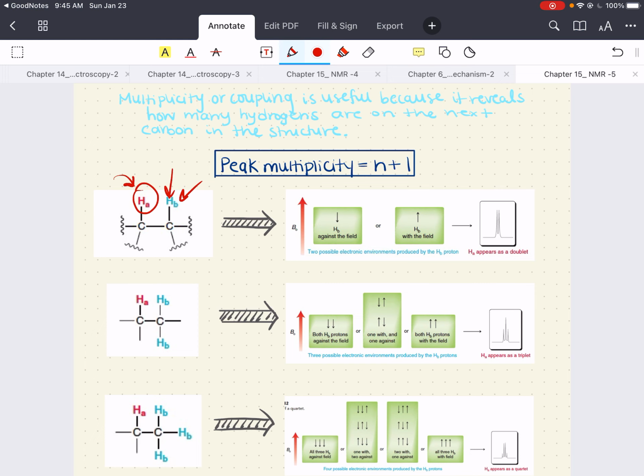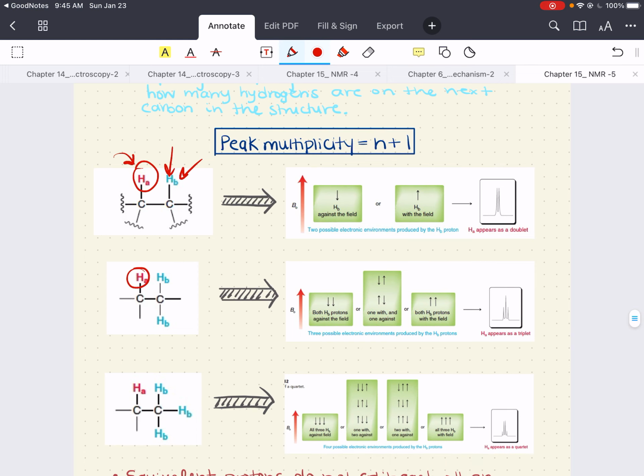And if you look at the next example, HA is different than the HBs right nearby. HB here and HB here, they might both align against the field, both align with the field, or mix and match. So there's 3 ways that HB may interact with the magnetic field, and so that splits HA's peak into a triplet.